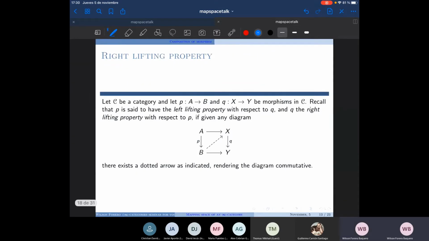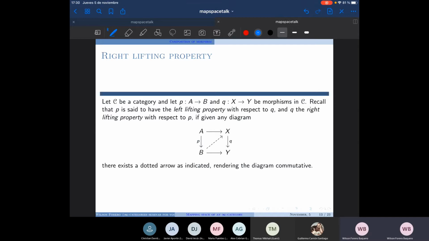So we start with the first one, the right lifting property. Suppose we have a classical category, and let P and Q be two morphisms in that category. P is said to have the left lifting property with respect to Q, and Q the right lifting property with respect to P, if given any diagram of this form, there exists a dotted arrow as indicated, keeping the diagram commutative.